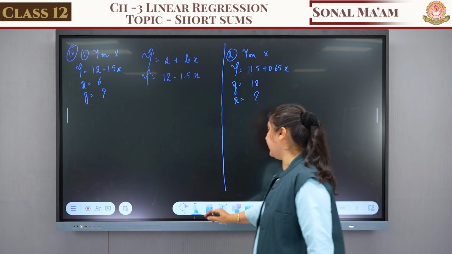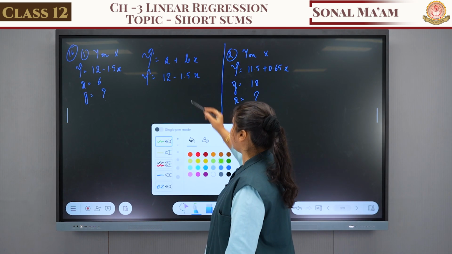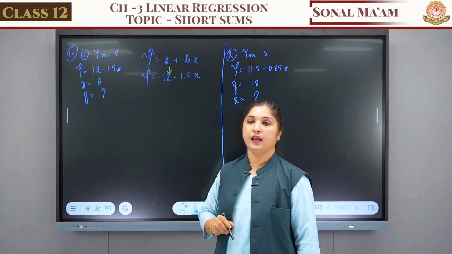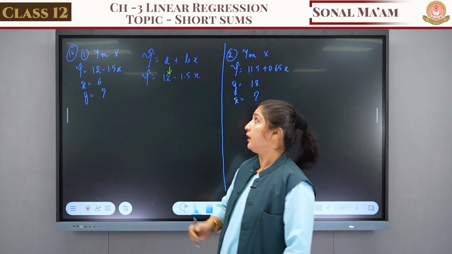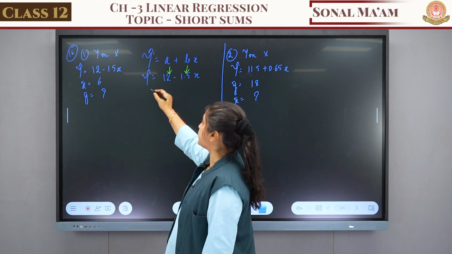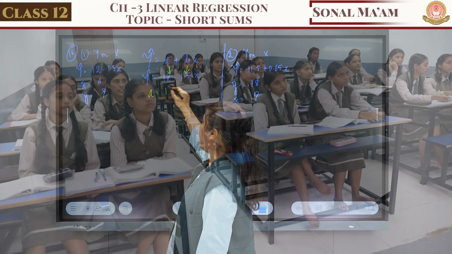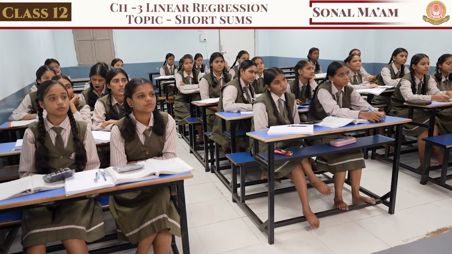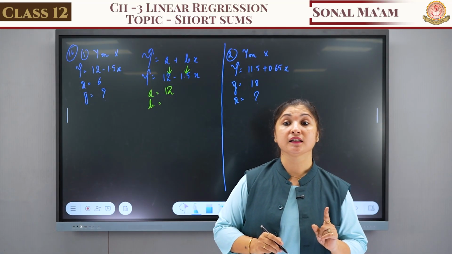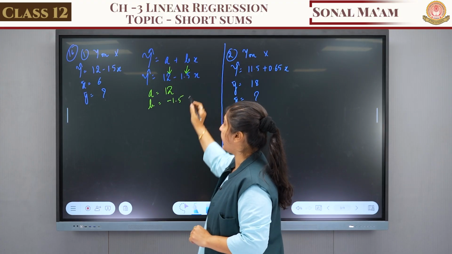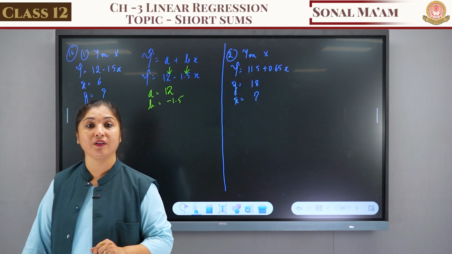When you are correlating it, you can understand that the value below a is the value of a, and the value below b is the value of b. So now tell me, what is a? 12. Yeah, a is 12. What is b? 1.5. No, it is not 1.5. It is minus 1.5. Why minus 1.5? Can anyone explain why?